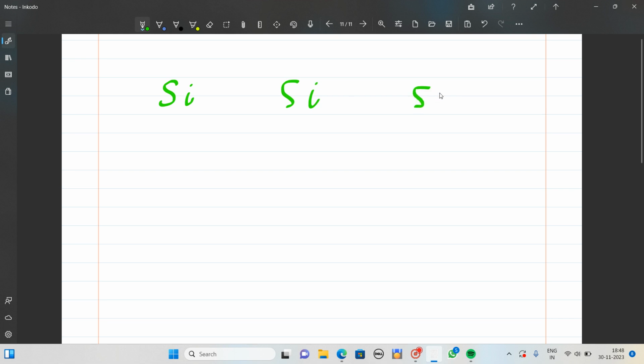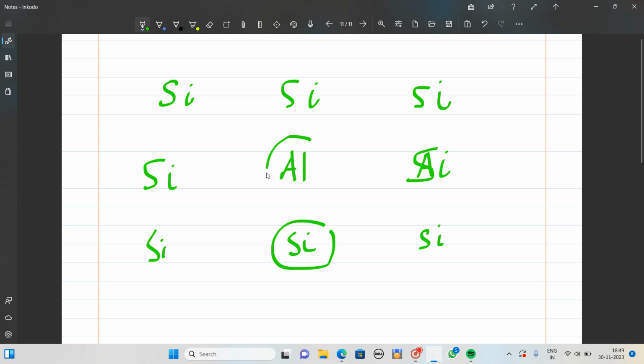Taking the silicon and aluminum with three electrons: one, two, and three.